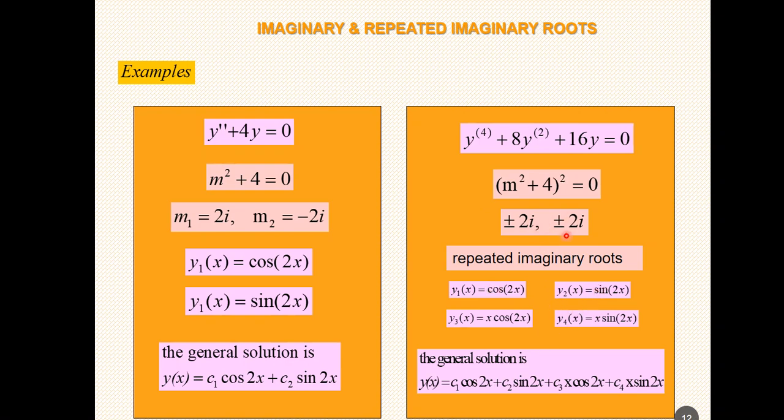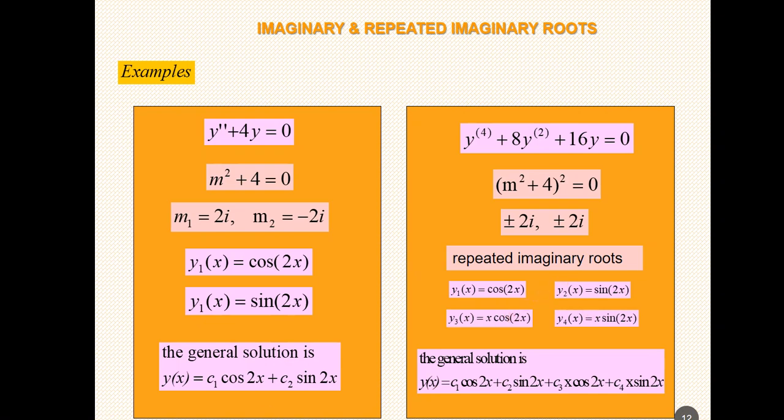And for the other plus minus 2i, you now modify the first set by multiplying it by x. Okay? If you have another plus minus 2i, then you will have x squared cosine 2x, x squared sine of 2x. That general solution would still be the sum of all the terms that were written here.